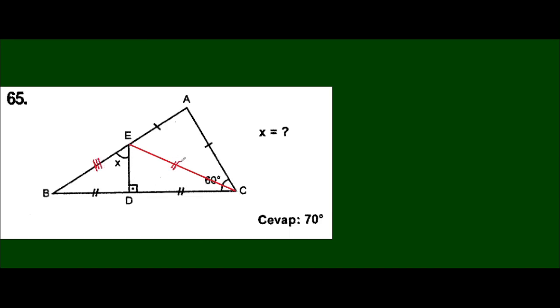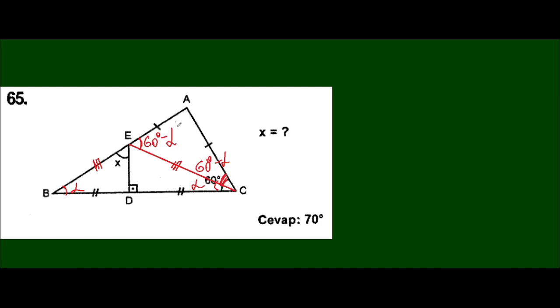You can see that these sides will be equal, and they will be alpha and alpha, and this will be 60 degrees minus alpha. And this angle will be also 60 degrees minus alpha.